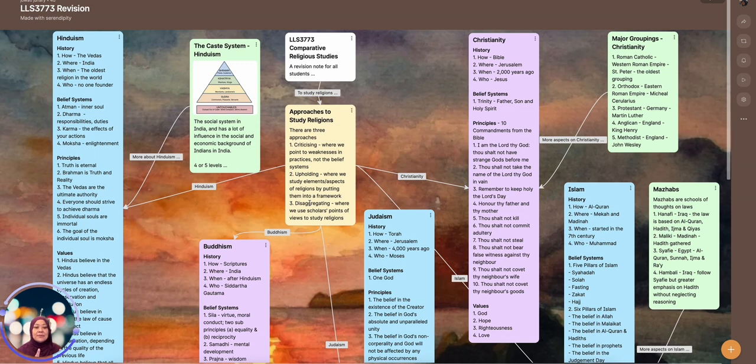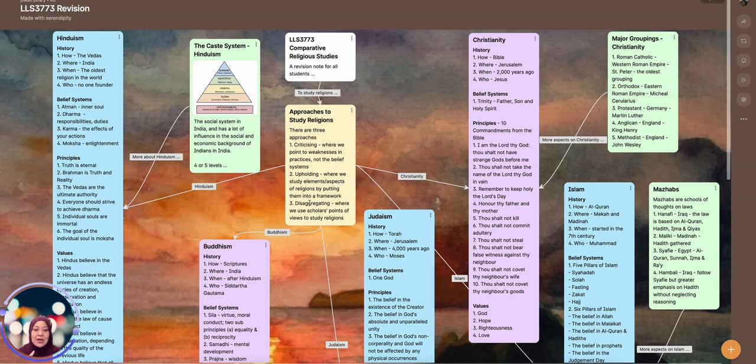10 principles coming from the Bible, which is called the 10 Commandments. The first one, I am the Lord thy God. Thou shalt not have strange gods before me. Meaning to say, there's only one God.